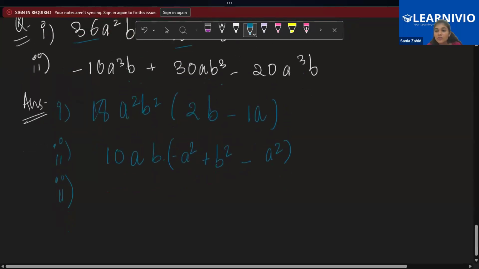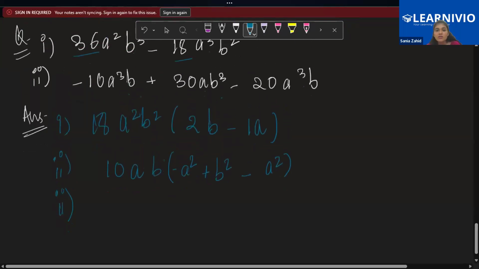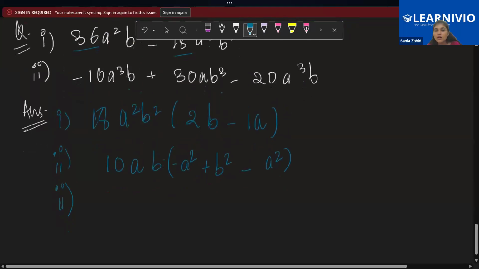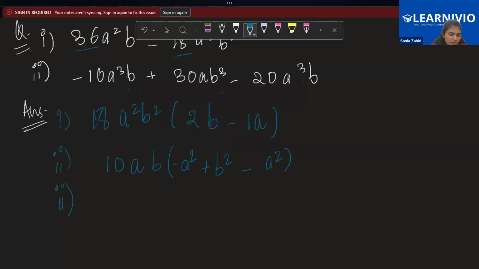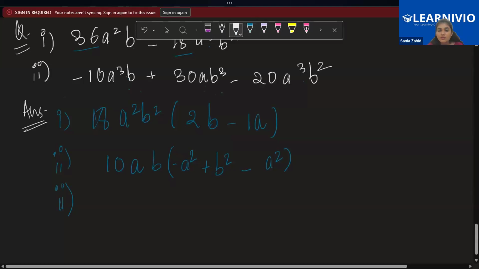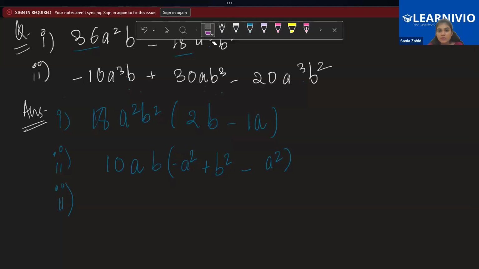Ma'am, 3b square. Was it b cube only or was the question different? Ma'am, b square. For the second one, I got 3b square minus a square plus 3b square minus a square.